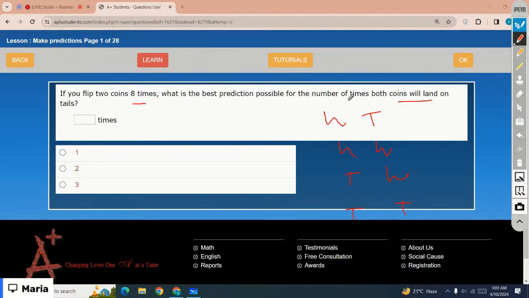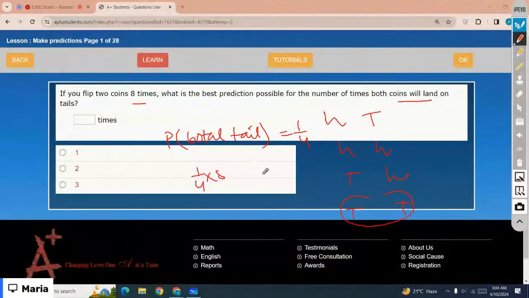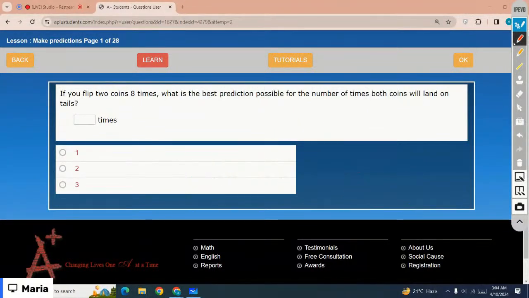What is the best prediction possible for the number of times both coins land on tail? You have only one outcome. So the probability of both tail is 1 out of 4, right? Good. You did that 8 times. So 1 out of 4 times 8 is 2. The correct option is 2. Very good. Got it?